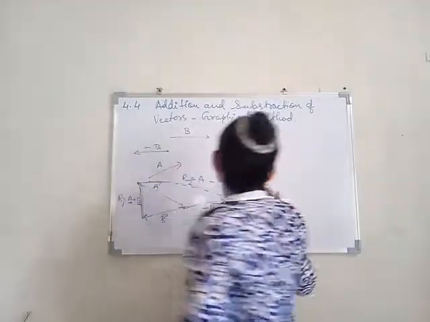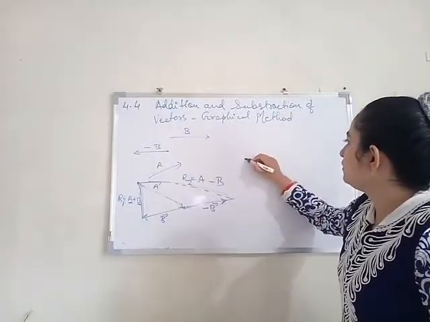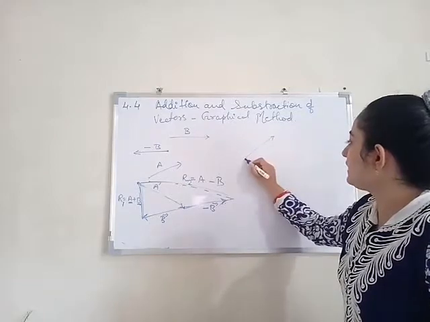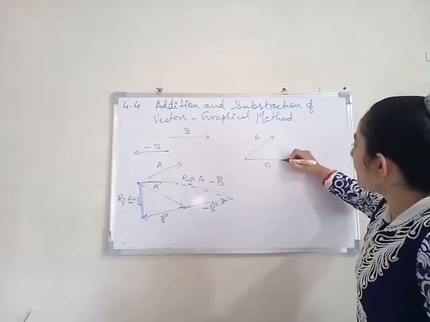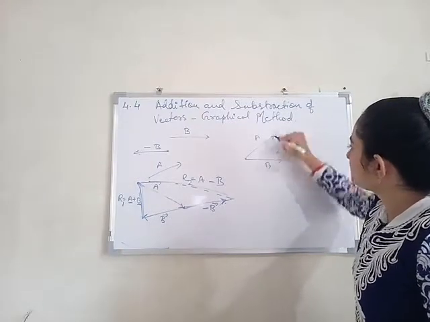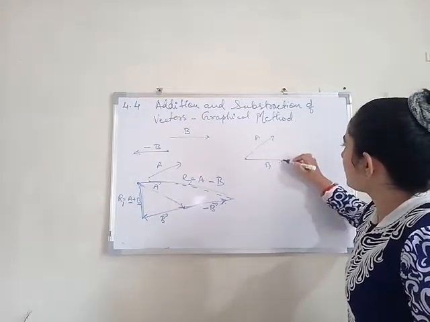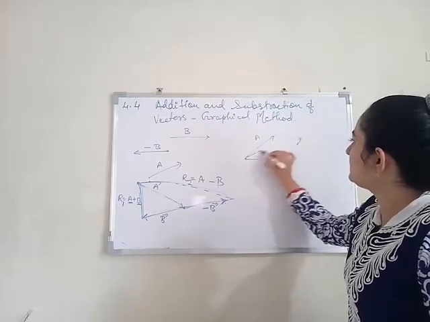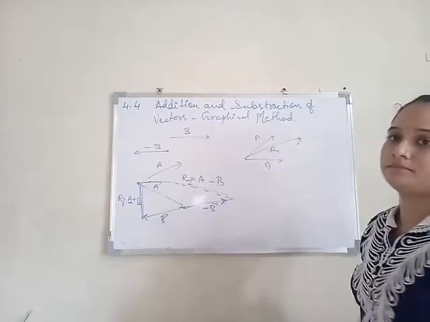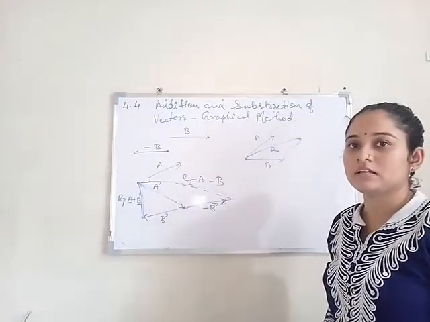Again, if we have one vector A and vector B, we draw a line parallel to this line and parallel to this line, and we find the resultant vector R. Clear?